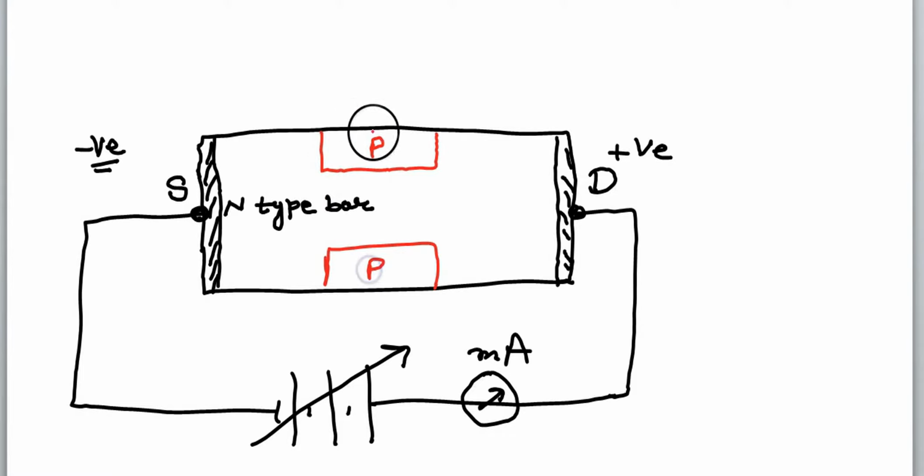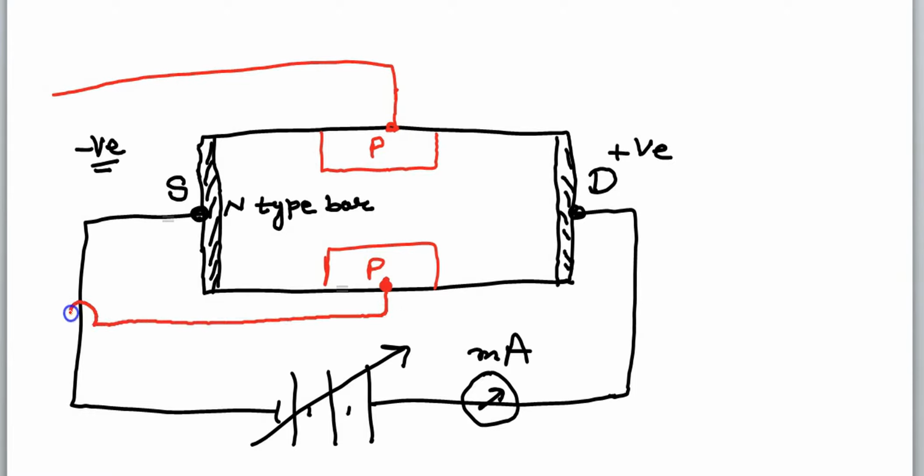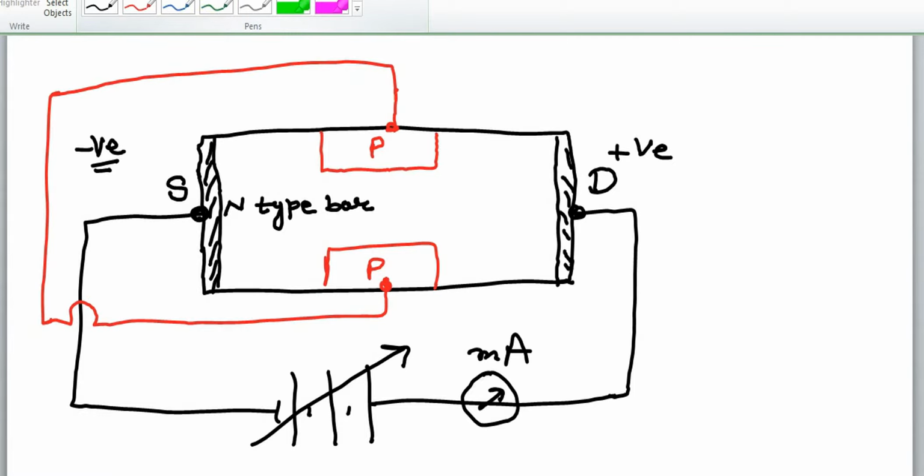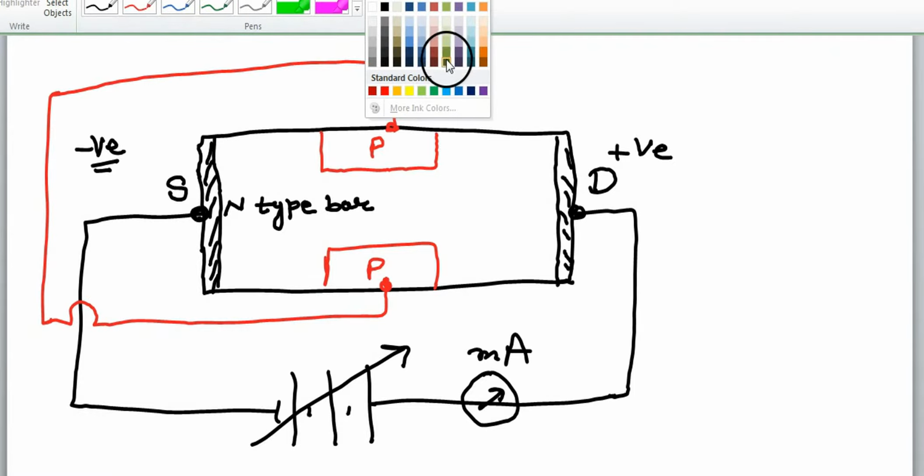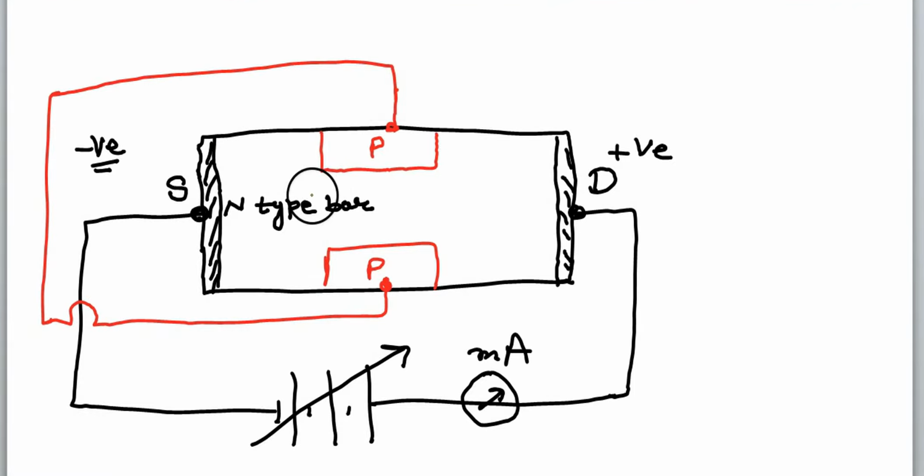measured by a milliampere meter. And along the side, at the middle, the bar is doped with trivalent impurities. That becomes the p-type semiconductor all along, and the p regions are connected together. The p forms a gate.